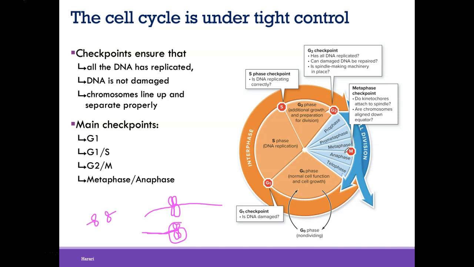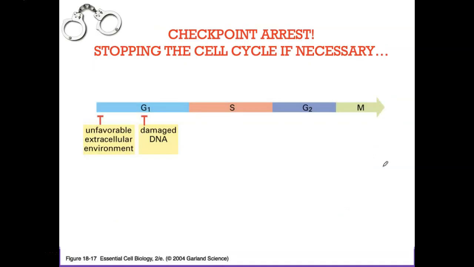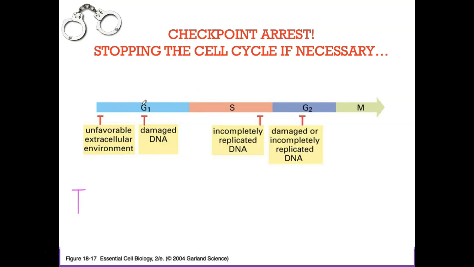We want to make sure all of the microtubules are attached to the kinetochore proteins. So if these are not perfectly in favor for cell division, then checkpoint arrest happens, right? We stop the cell cycle. Anytime you see this kind of arrow, that means inhibition. It's an inhibitory arrow. So if there's an unfavorable environment or damaged DNA, we stop, we arrest in G1.